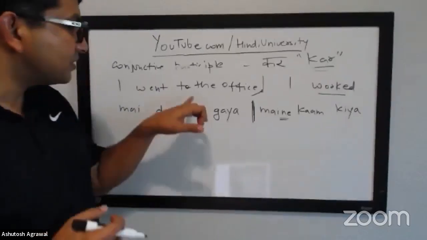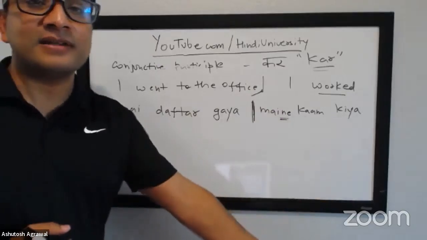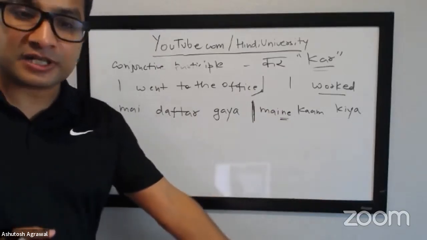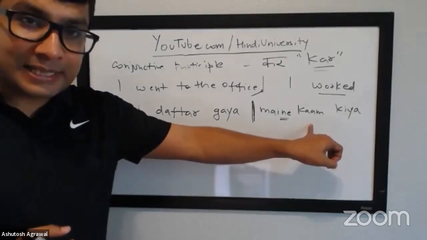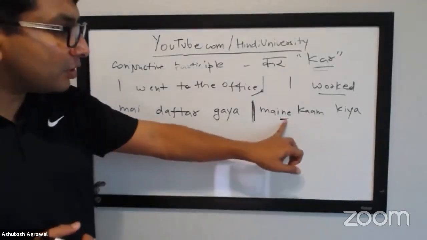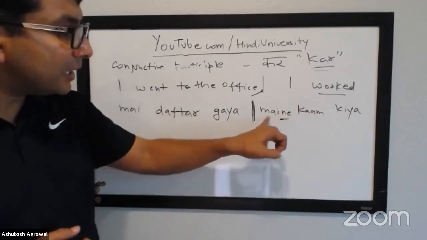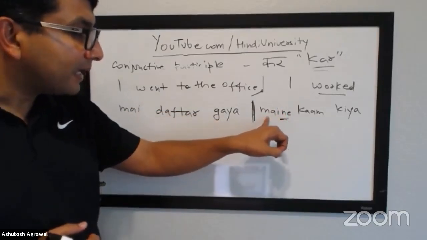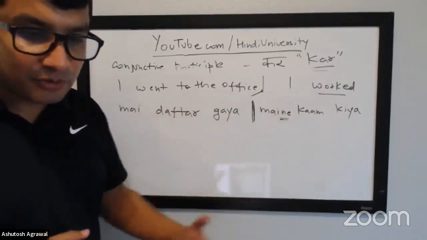Versus this one, which is intransitive. I went. There's no object. And here it is like, I do work. So in Hindi, when you use a transitive verb in the past tense, you use this postposition ne with the subject. That's why instead of मैं, it's मैंने काम किया. It'll come to you slowly.